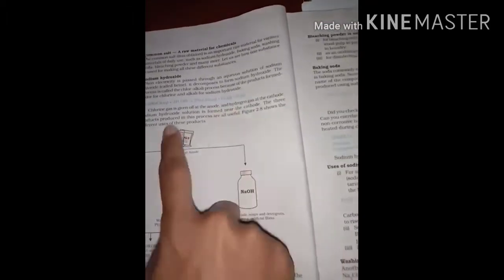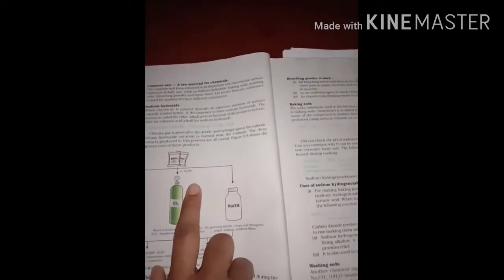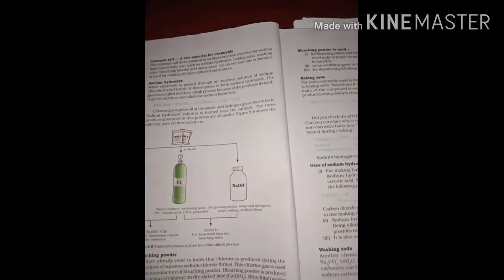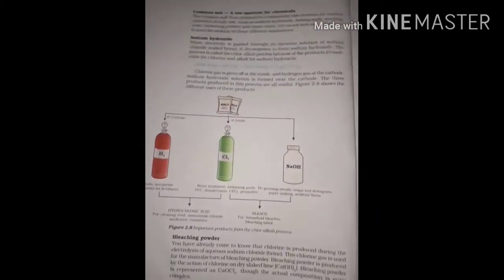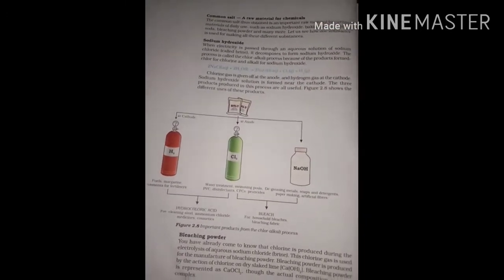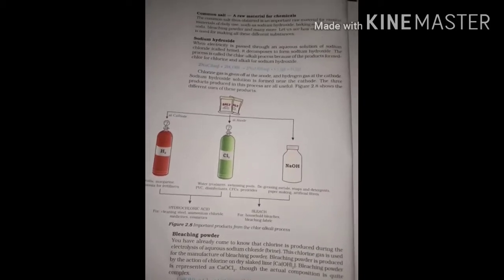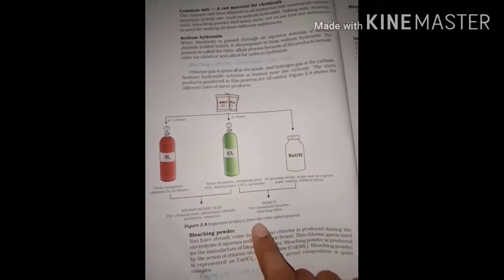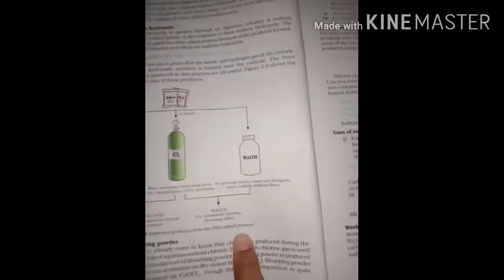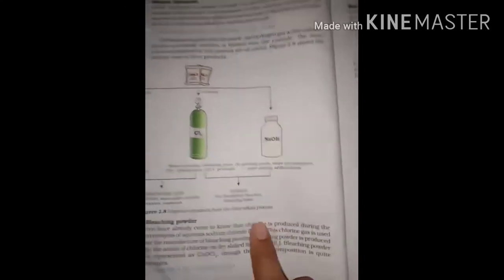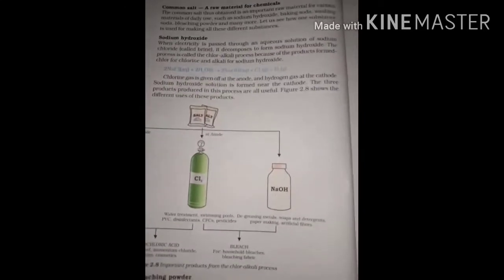And how it is prepared, how sodium hydroxide is prepared using common salt. An experiment is given. We have explained that process using the brine solution, how it is obtained. What is that chloralkali process? You should study all those things.